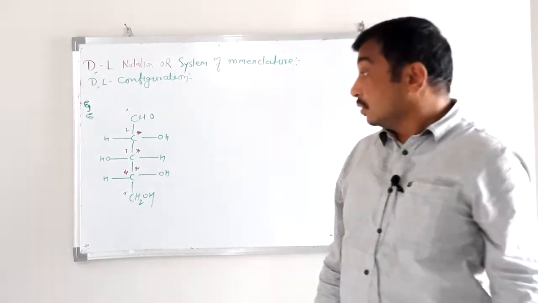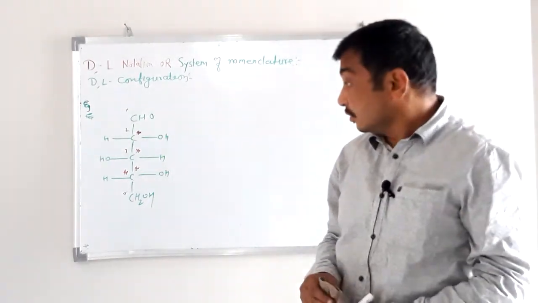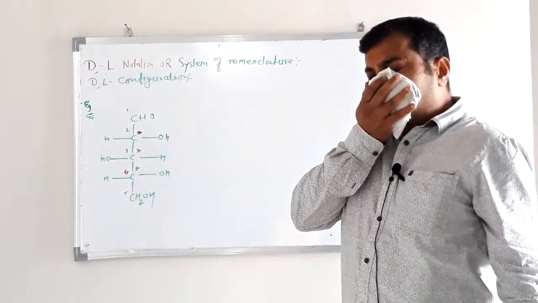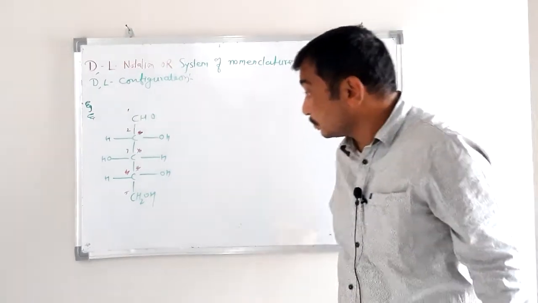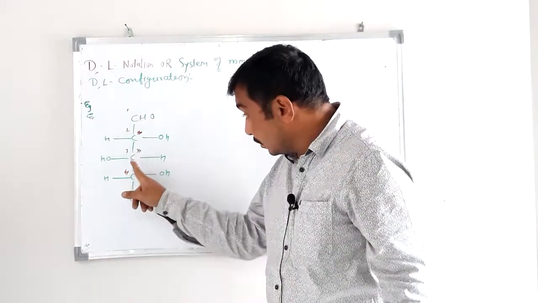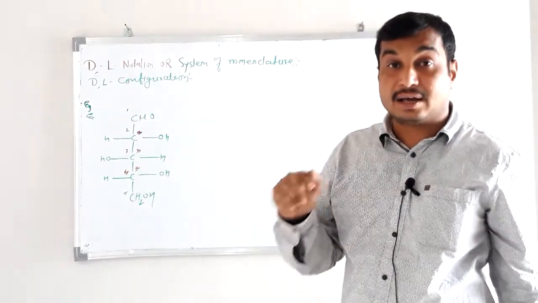Now, to give the DL configuration, what do we have to identify? We have to identify the last chiral carbon atom. Which is last? Carbon number 2 is first, carbon number 3 is second and carbon number 4 is the last chiral carbon atom.